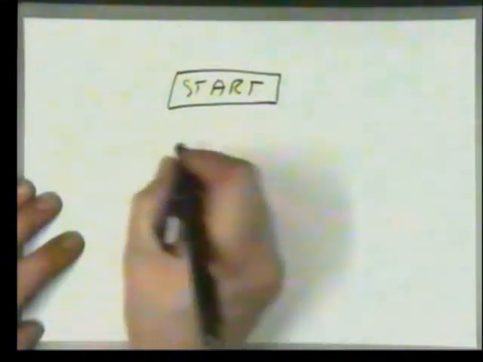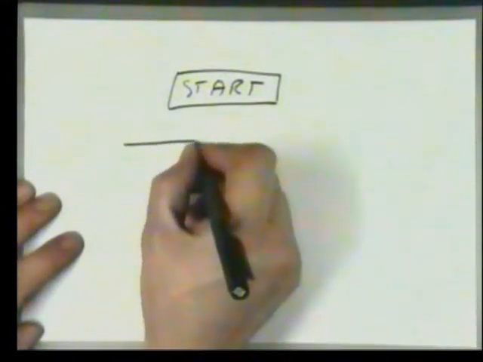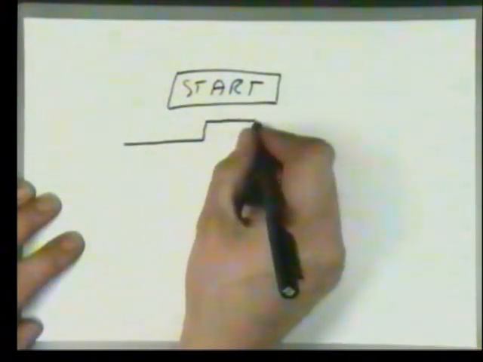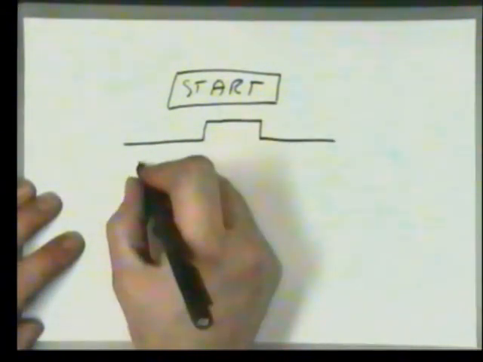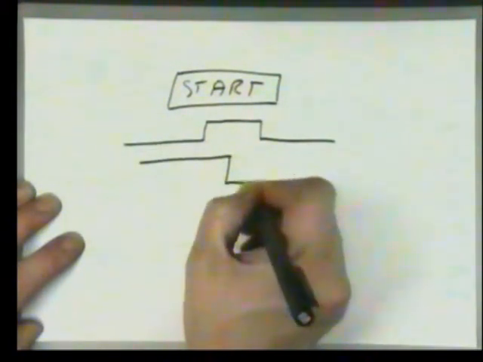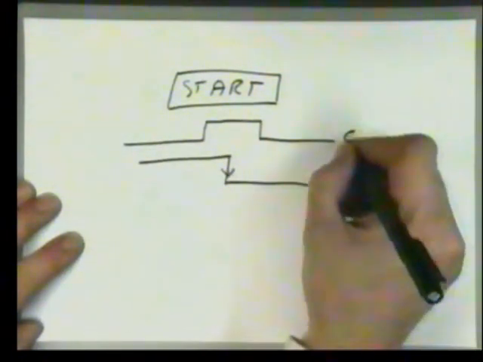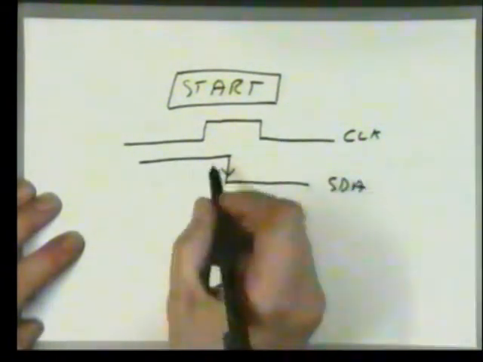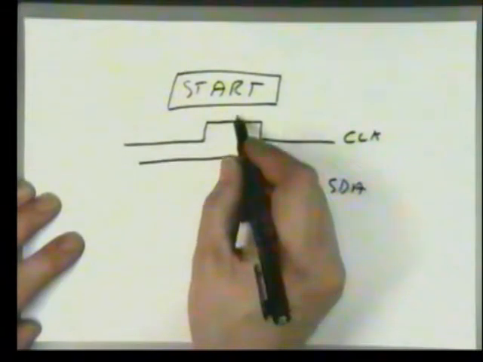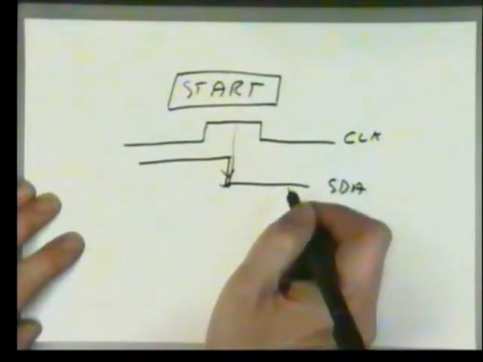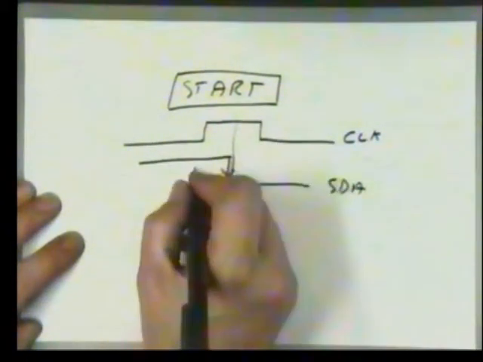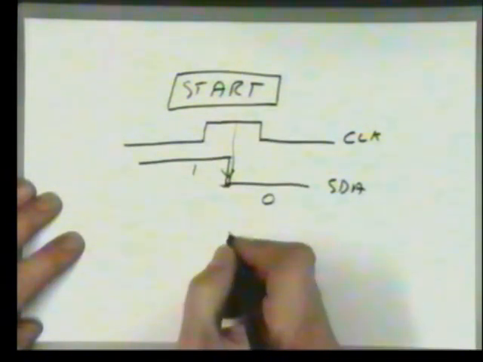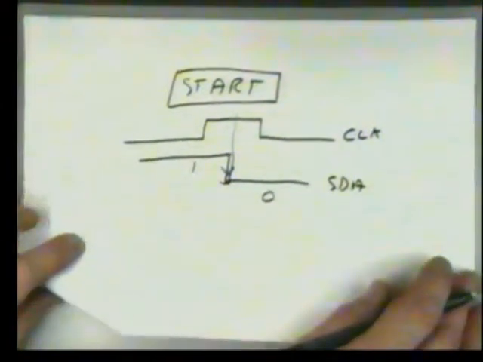The way that works is that if our clock line is high and there is a transition on the data line, so there's the clock and there's the data, we violate our rule by deliberately changing the state of our data line in the middle of the clock, going from a high to a low. That means that is the start of frame delimiter.